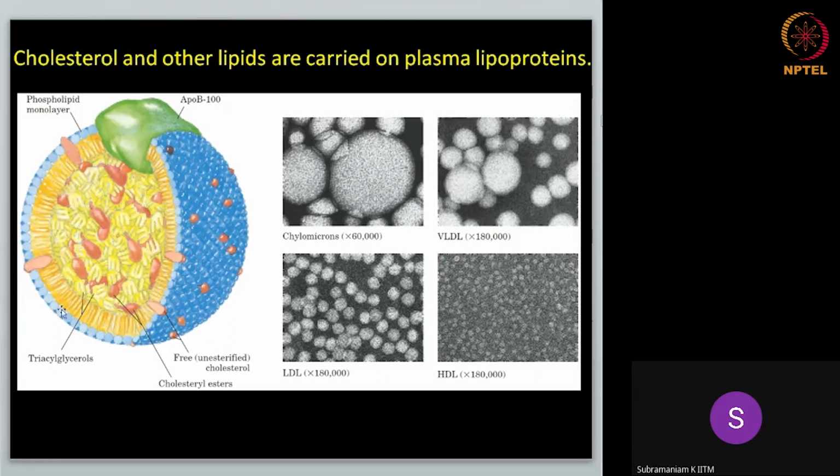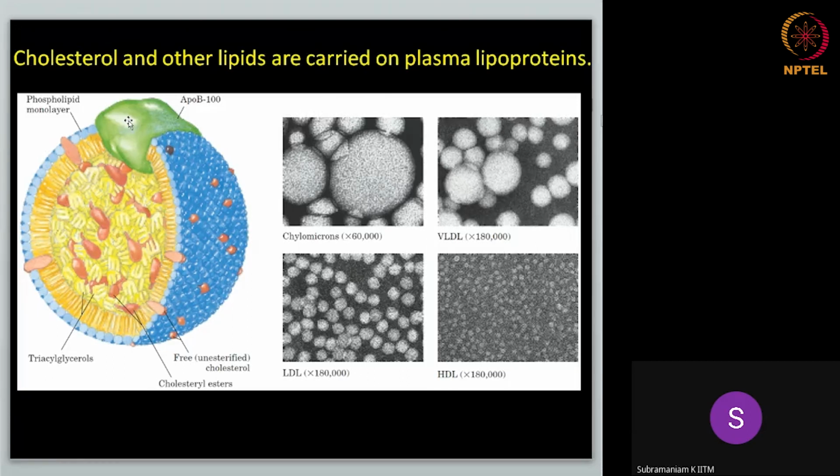They make a structure that is hydrophilic on the surface, and therefore it can be transported. And these protein components alone are called apoproteins, which we have discussed earlier. And these apoproteins help in transport recognition, primarily recognition and uptake by cells.